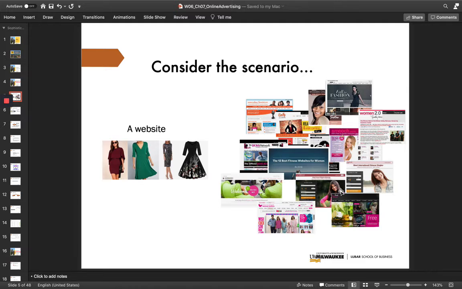Here's the basic question: which platform or website are you going to use, and how to display your advertisement?